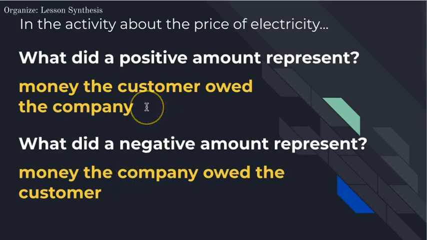Okay. Yeah. So, wait, I think I said that backwards. The positive was how much the customer owed the company. The negative is what the company owed the customer because of creating their own electricity.